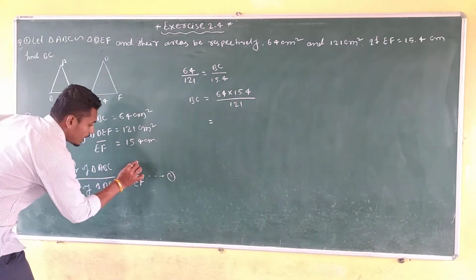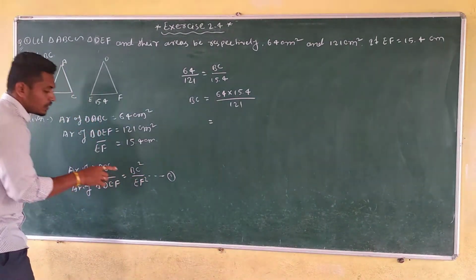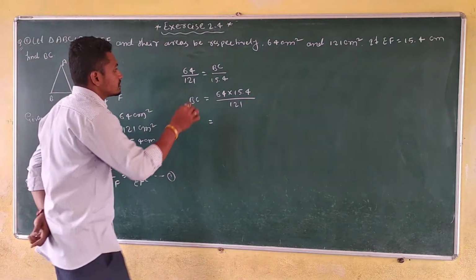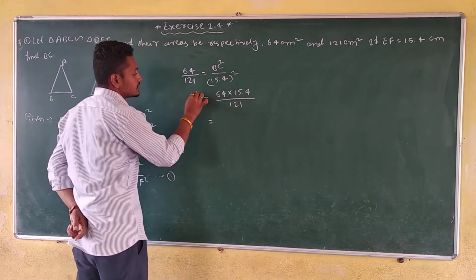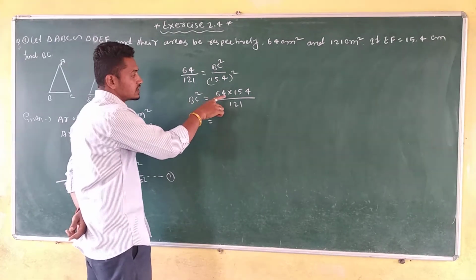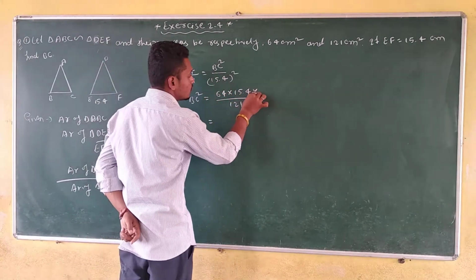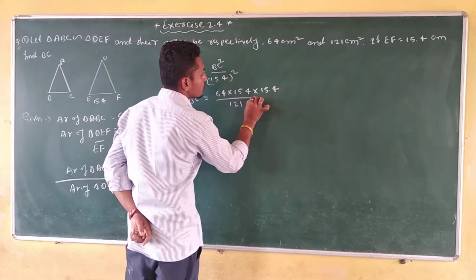So you have to take here BC square and EF square. Then BC square is equal to 64 into 15.4 into 15.4 divided by 121.